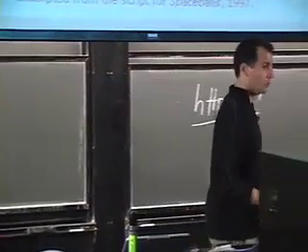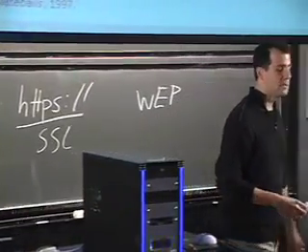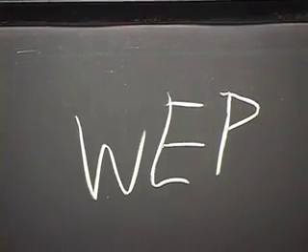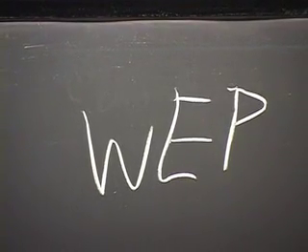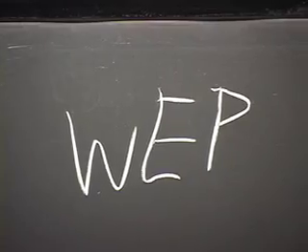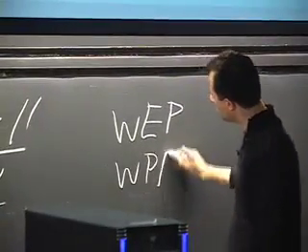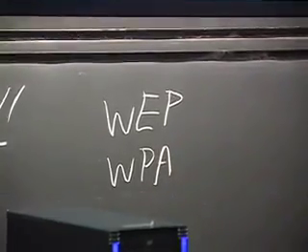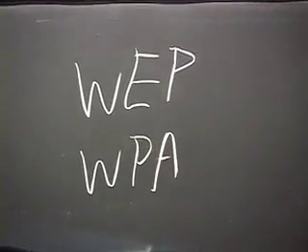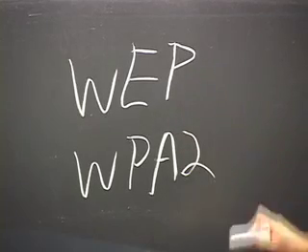WEP is broken, and WEP is the security mechanism that comes with, to this day, most routers. It has been supplanted by, and should not be used these days in favor of, something called WPA. WPA is much more secure. There's even something more secure, which is WPA2.